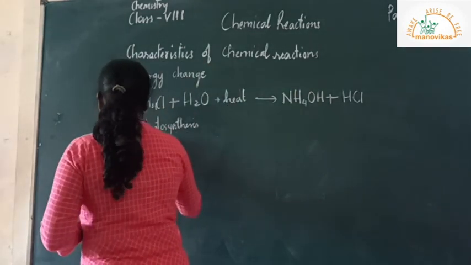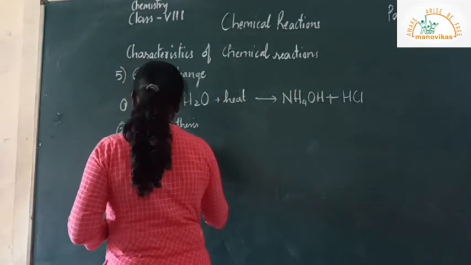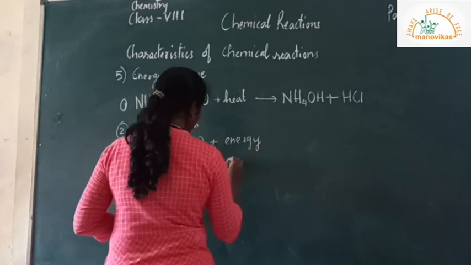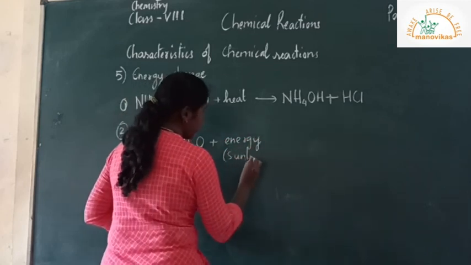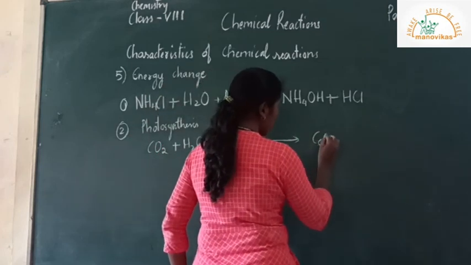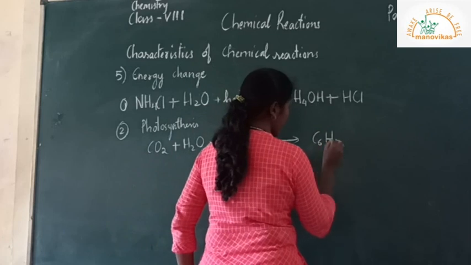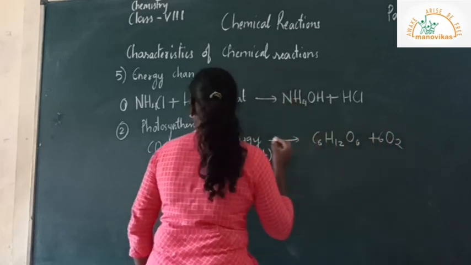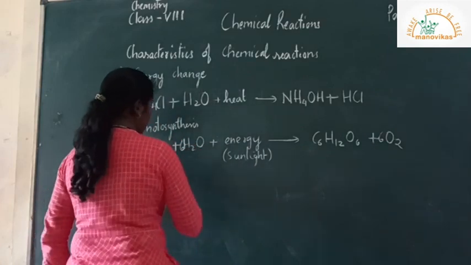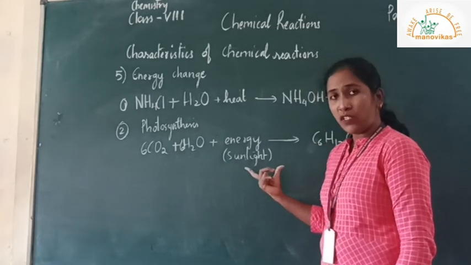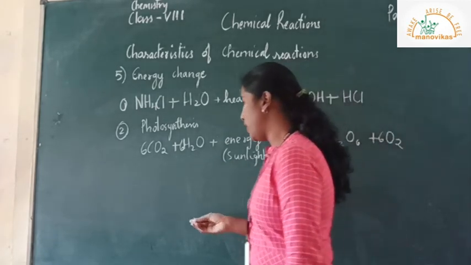So here carbon dioxide, water and energy, that is sunlight, gives glucose plus oxygen. So photosynthesis is undergoing the endothermic change.